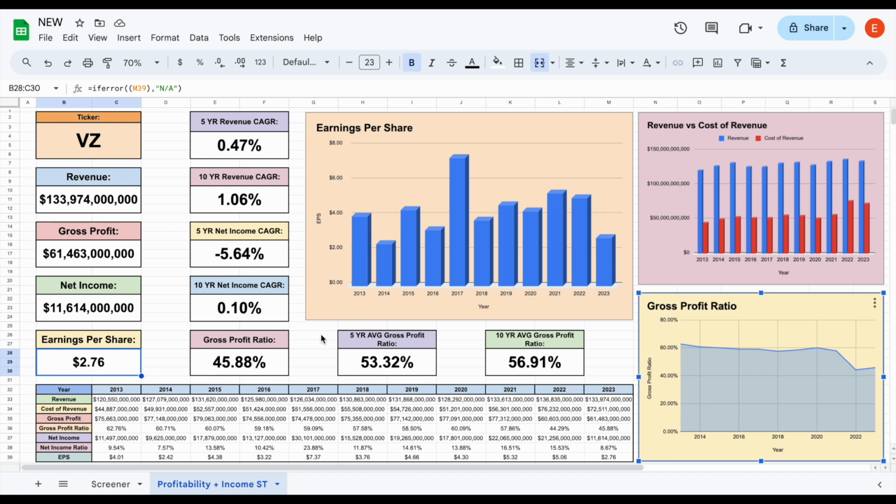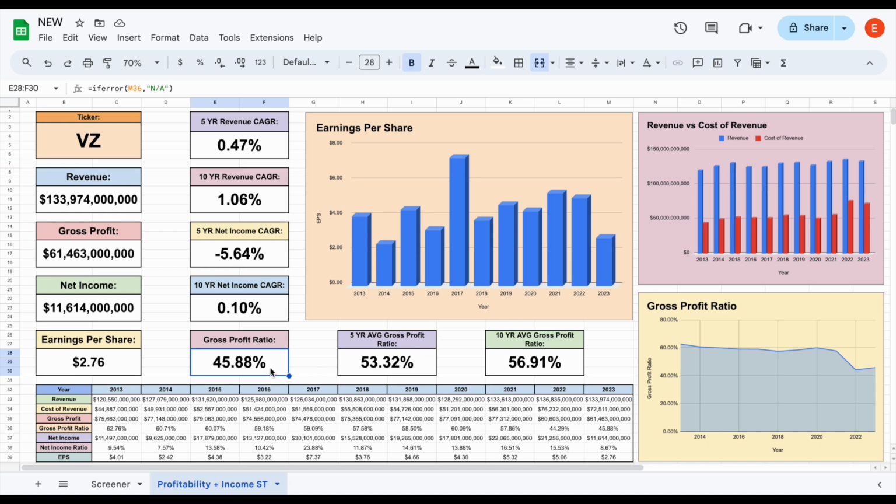Some of the metrics we have here, again, we have our current gross profit ratio, 45.88, but we also have our 5-year average gross profit ratio and our 10-year average gross profit ratio. These two metrics are definitely something I wanted to add into this spreadsheet. The reason is, when we look at more mature companies specifically, we want to see increases in the gross profit ratio. For companies that have slowing revenue growth, one potential way they can add more money to the bottom line is by increasing their gross profit ratios.